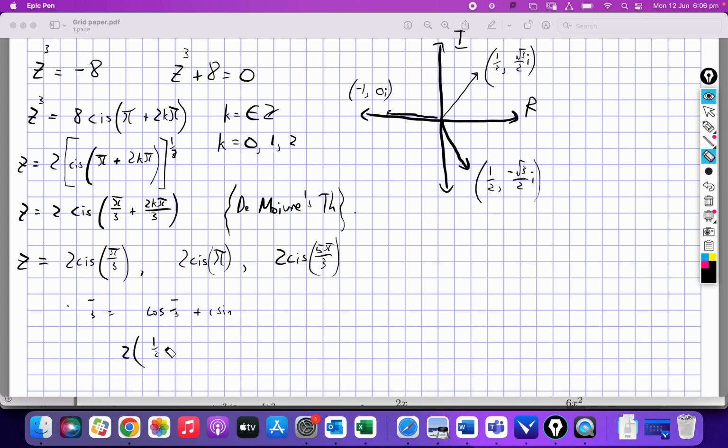I'll do the next two quicker, I just wanted to show the full explanation. So this first one came out to be 1 plus i root 3.